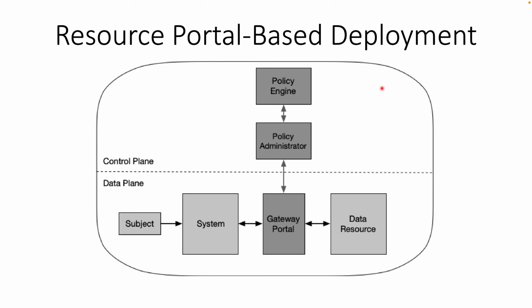The third deployment model is resource portal-based deployment. So the policy enforcement point acts as a gateway here and handles access to the resource, and it doesn't need an agent on the system.